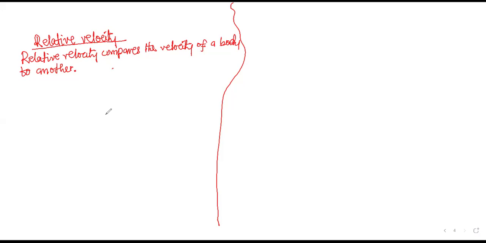In relative velocity, there must always be somebody doing the observation. There must be an observer, or a frame of reference.